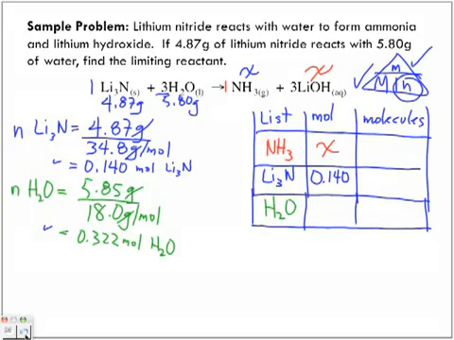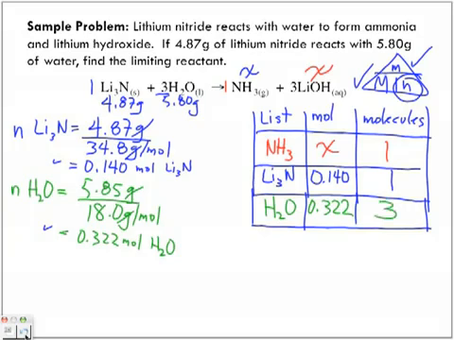How many moles of water have we calculated? 0.322. Now, how many molecules have we created of ammonia? 1. How many moles are we using of lithium nitride? 1. How many moles of water? 3.